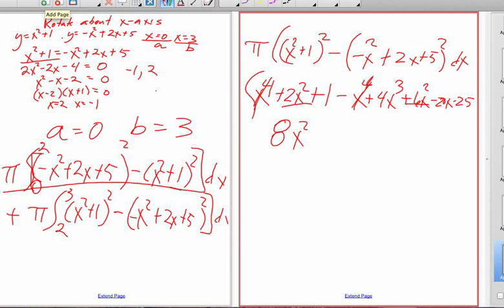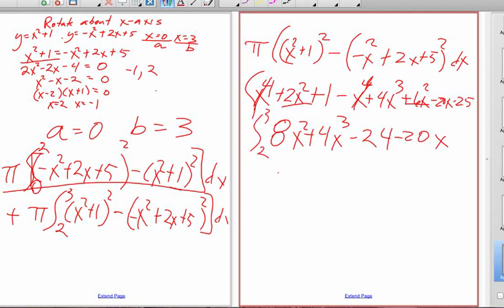Then I'm going to have plus 4x cubed, and then 1 minus 25 minus 24. Minus 20x. You always forget the term. And this is what I'm going to integrate from 2 to 3.